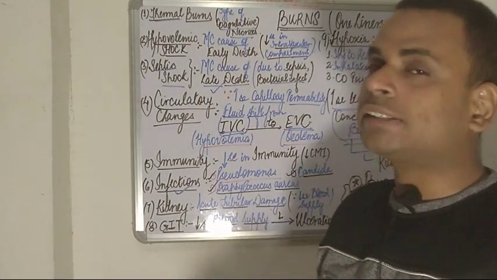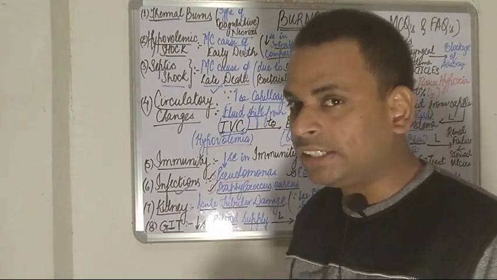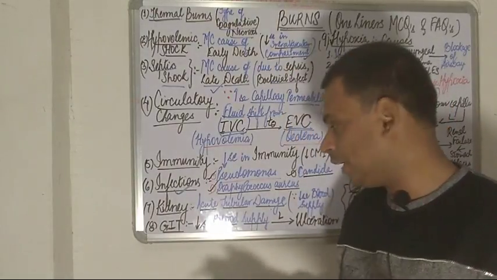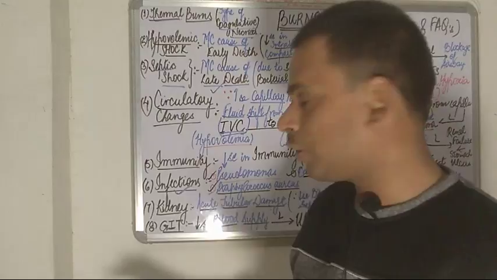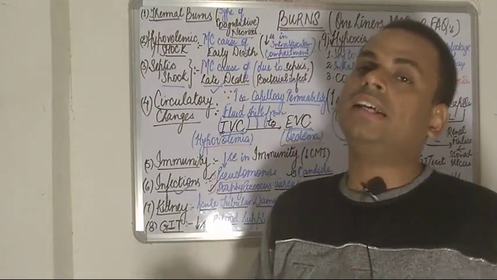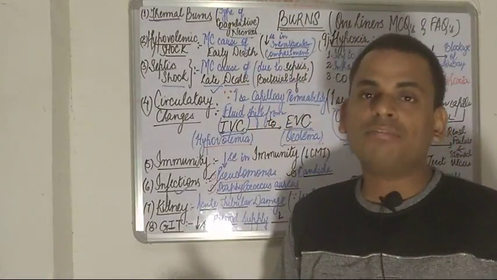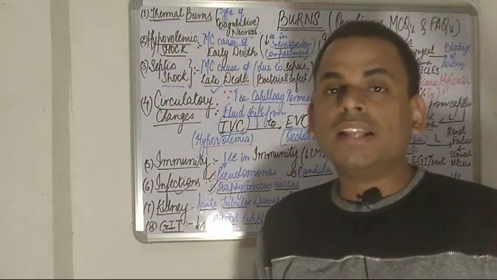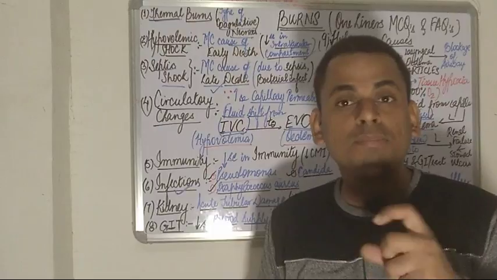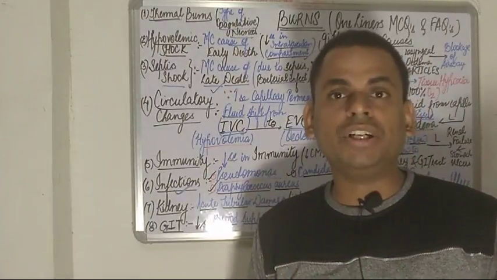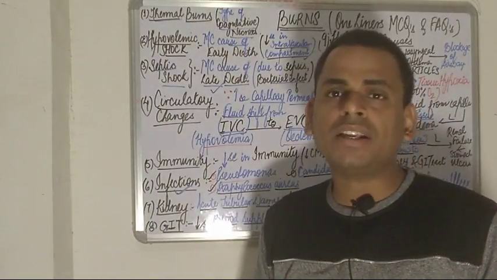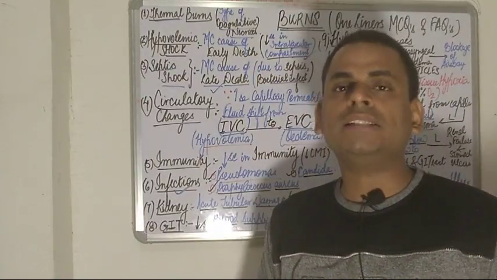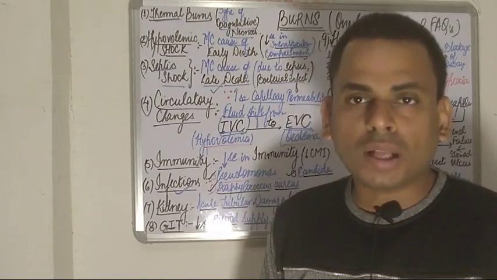Moving on to the next very important complication, it is the gastrointestinal complications, that is the GIT complications. I have already explained the pathophysiology: the blood in the intravascular compartment has a higher concentration due to plasma escaping out, so the blood in the blood vessels is in a more concentrated form.